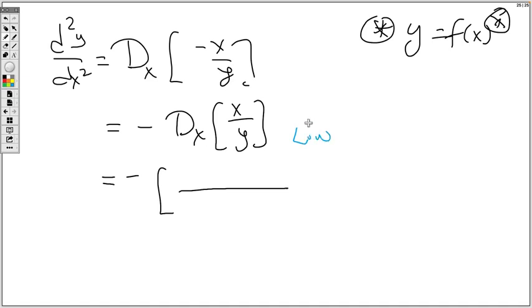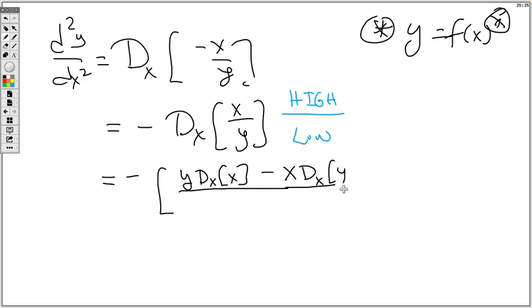I got the low function and the high function. So low d high would be y times the derivative with respect to x of x minus high d low, x times the derivative with respect to x of y, and then we square the bottom and off we go.